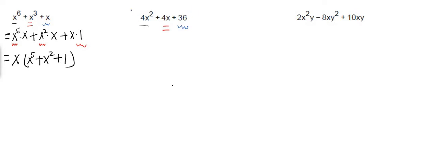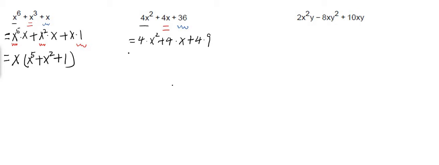That's great. So basically we can write down as like that: 4 times x squared, 4 times x, and 4 times 9, right? We can find the common factor 4, 4, 4, right?